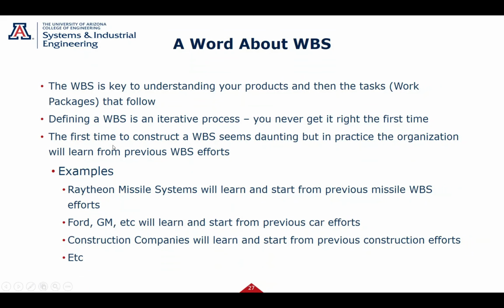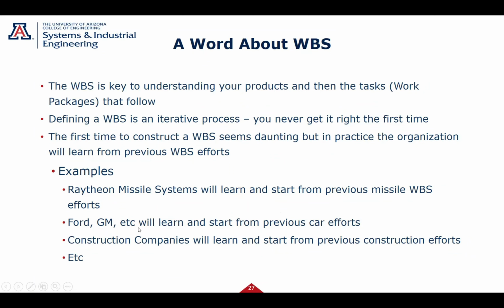Like I mentioned before, a first-time construct can seem daunting to get done, but in general practice, most organizations have WBSs from previous projects, and you can take one and start with it. If it's Raytheon Missile Systems, I'm going to start with a previous WBS.